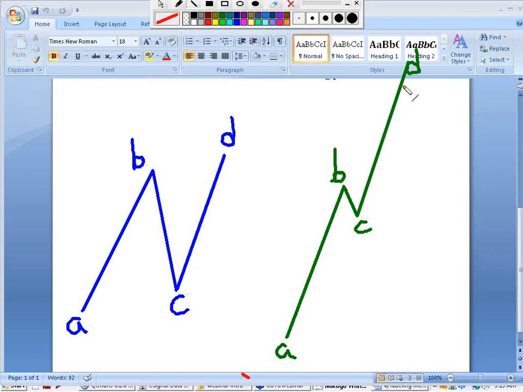So point D can be catapulted to be way higher than if you had a deep retracement in blue. So again, trend direction is one thing, but trend strength is another thing. And we'll show you later how we can mix and match these patterns to give you a firm idea as to how the market is trending.